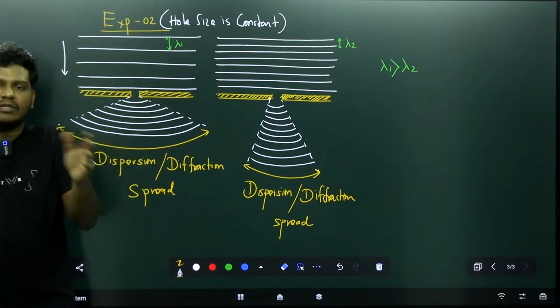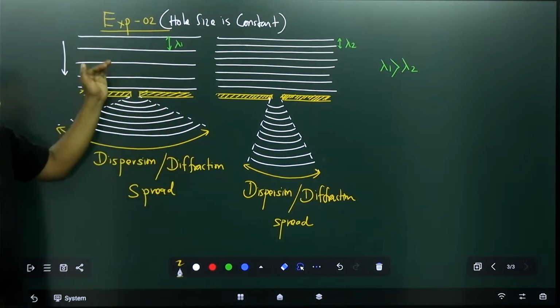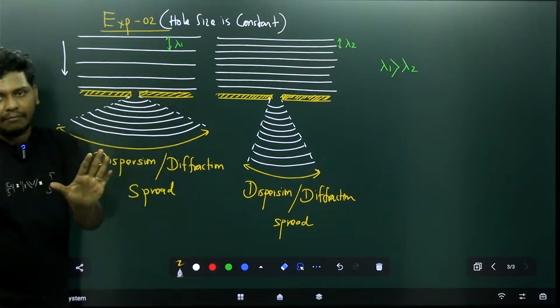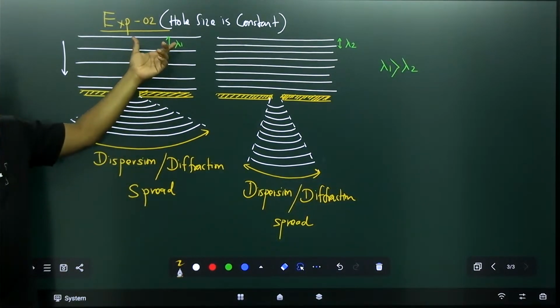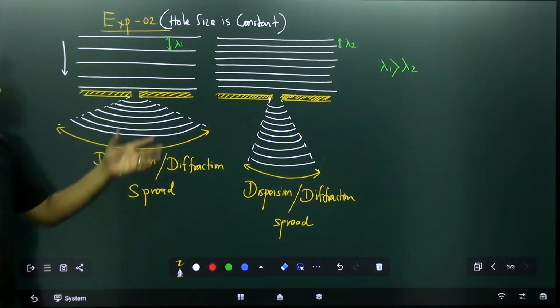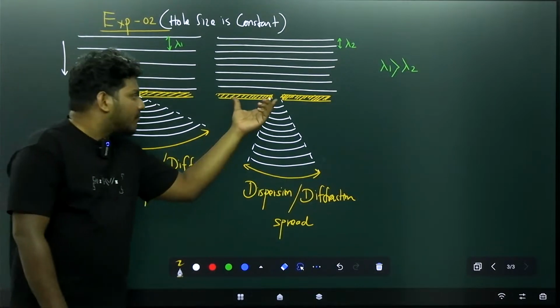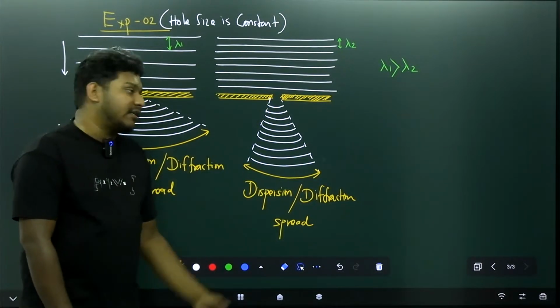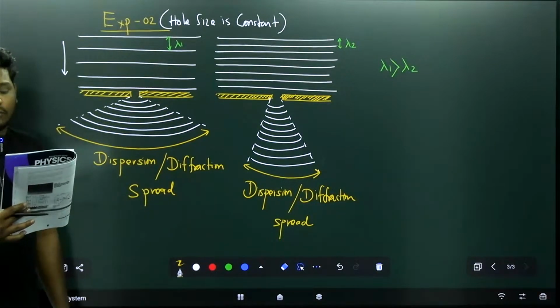So that is opposite. In this case, when the hole size remains the same, if the wavelength increases, the dispersion increases. This is proportional. When the wavelength reduces, the dispersion will reduce.